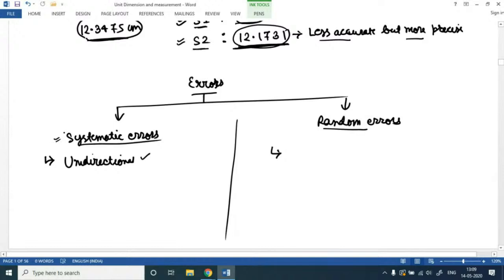So systematic error would be unidirectional, and its sources, how do we get these systematic errors? The first source is, for example, instrumental error.